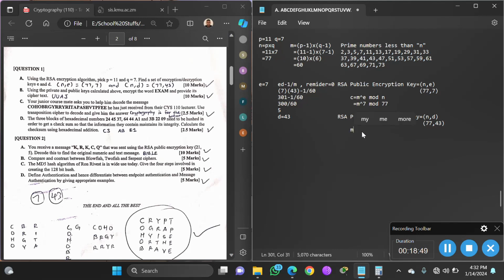So M, the plain text, can be obtained when we say the ciphertext power its decryption algorithm, then mod N. That's the only way you can master these formulas quickly, by understanding the theory. We don't know the ciphertext we are decrypting. So decrypting, the power was 43, as you can see, then we say mod 77, which is N. So that's how you solve this first question, which is A.